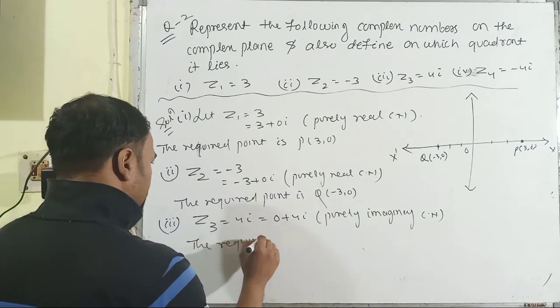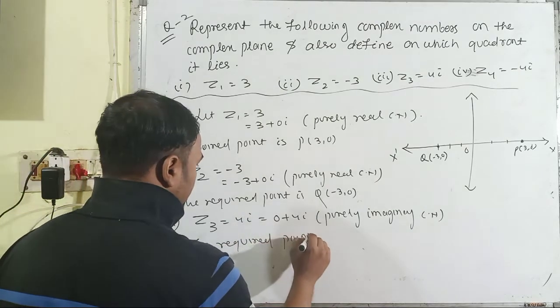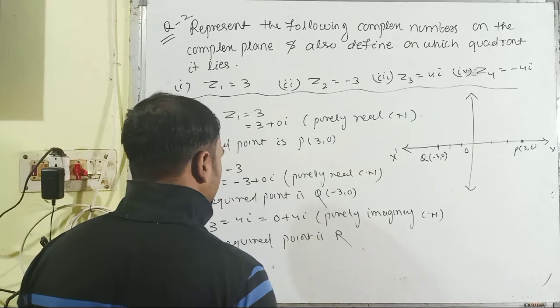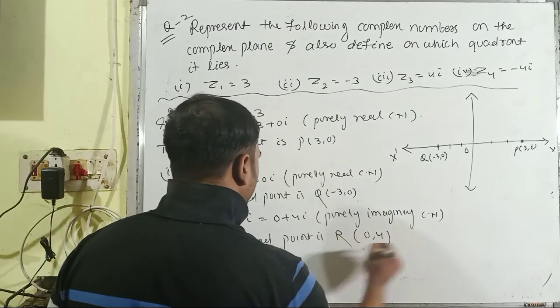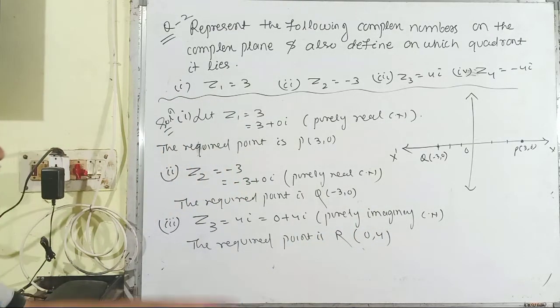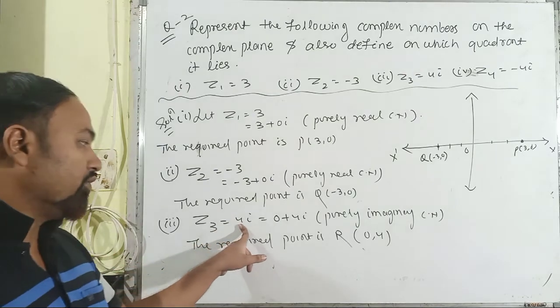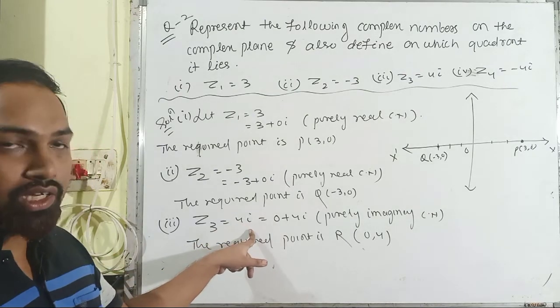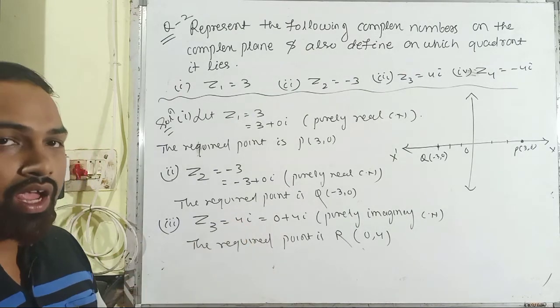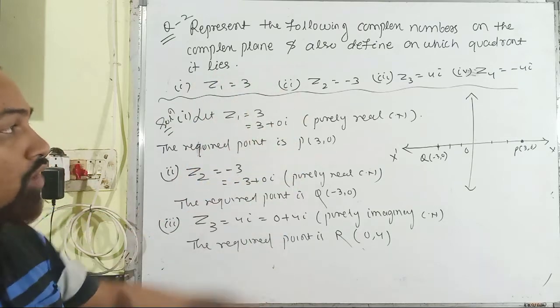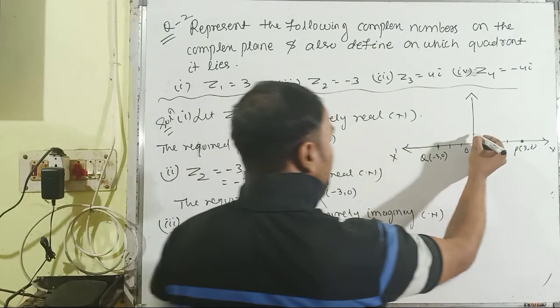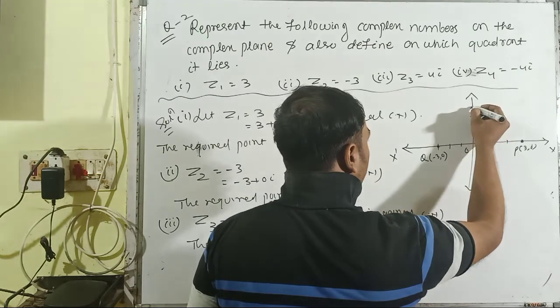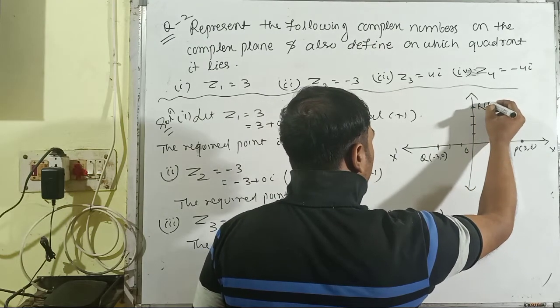The required point is, consider this as R and this is (0, 4), but we focus on the sign of this value, whether it is positive or negative. This is positive, that means it will lie in the positive direction of the y-axis. That means it is 1, 2, 3, 4 and this is R(0, 4).